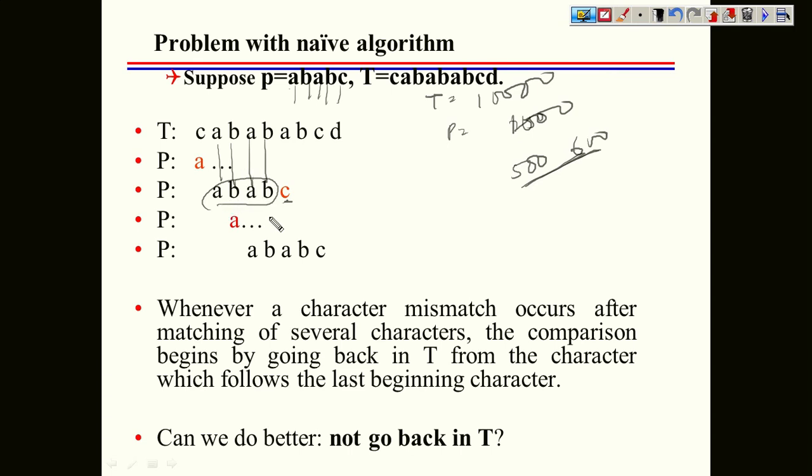Because in this method, once there is a mismatch, you simply go back and do the same process again, just moving by one position. So there is repeated work happening, because all the effort we did previously in finding the matched characters is of no use.